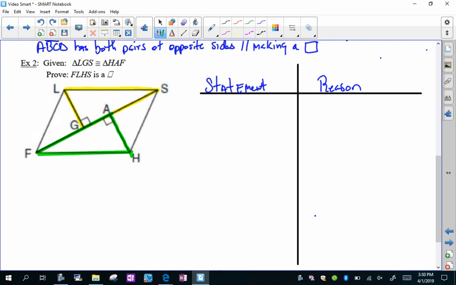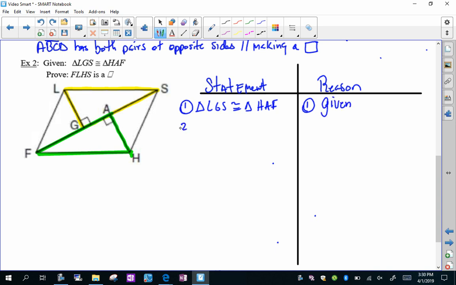My first statement in my two-column proof is going to be my given: triangle LGS is congruent to triangle HAF, and that is given.